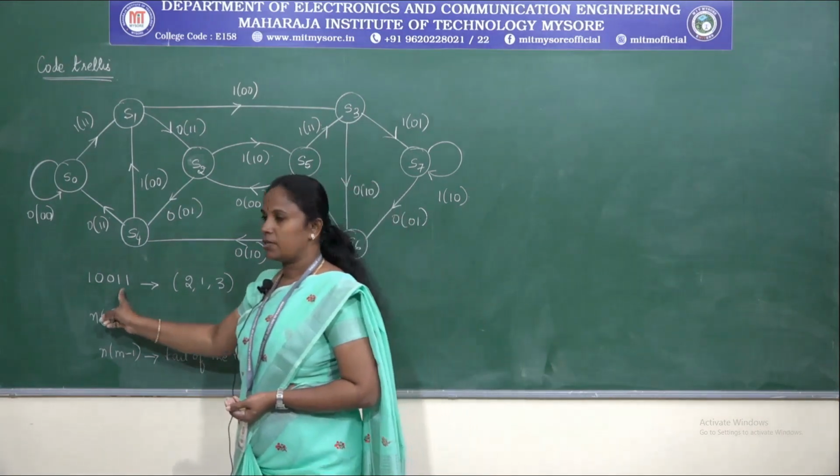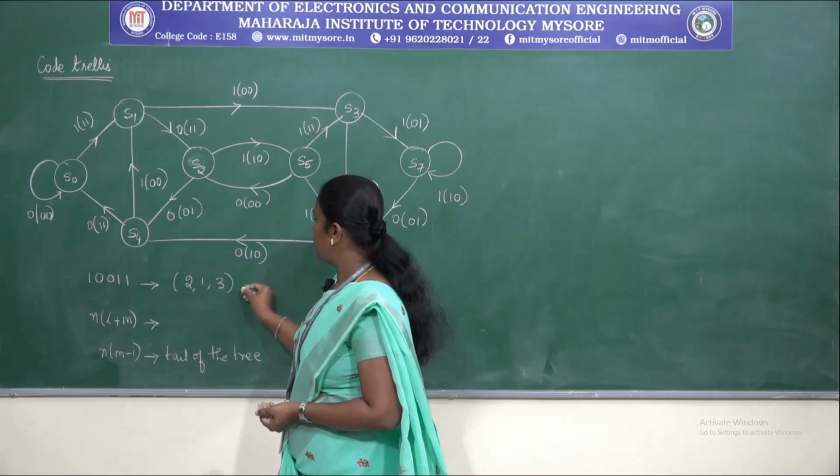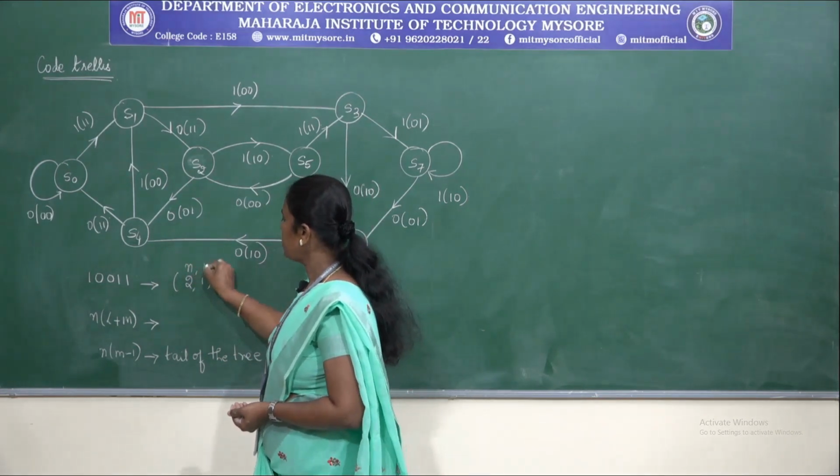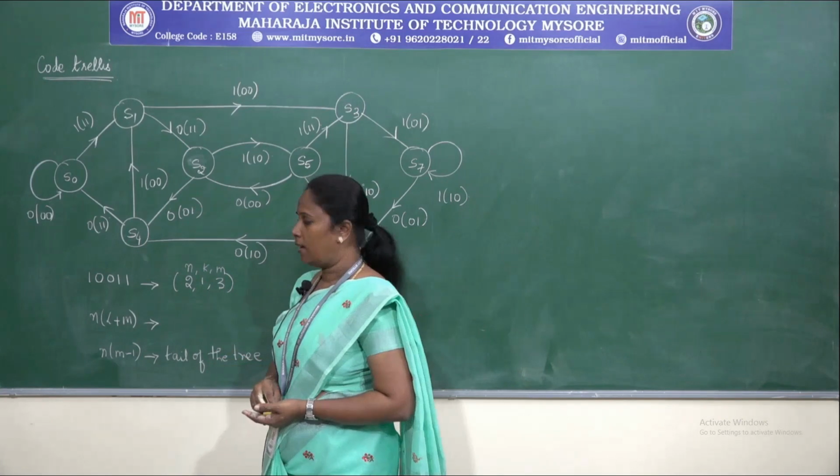This is the message input sequence which is given, and this is the N, K and M, that is the size of the encoder.